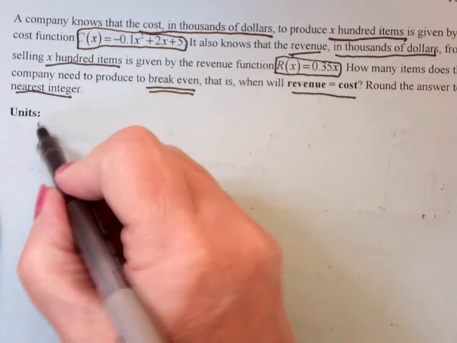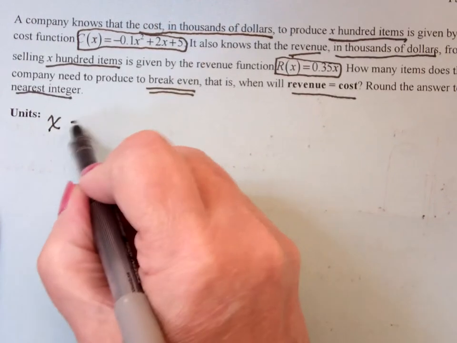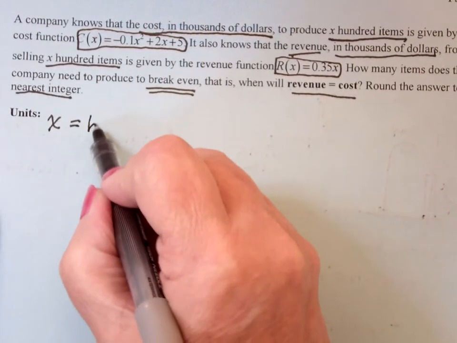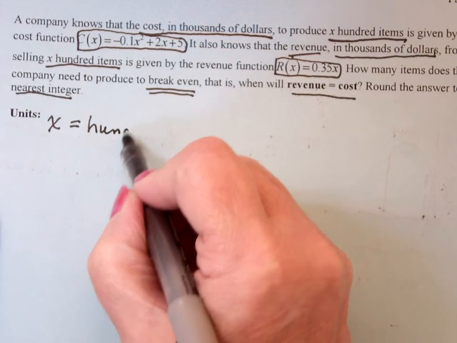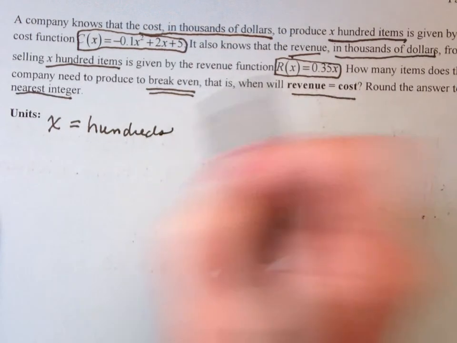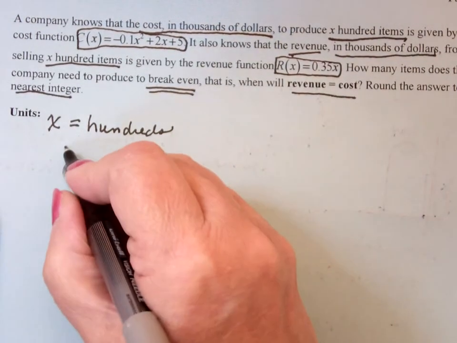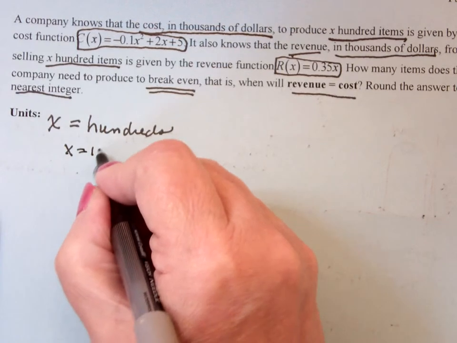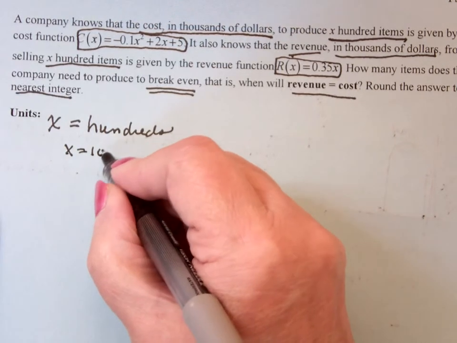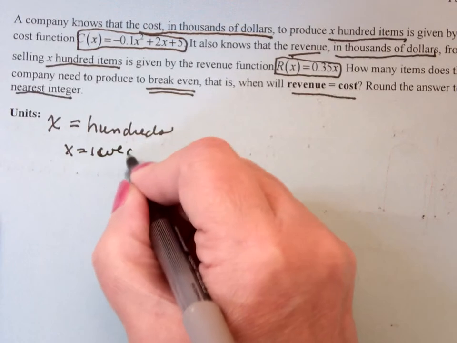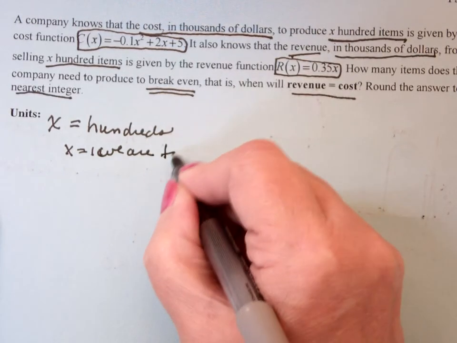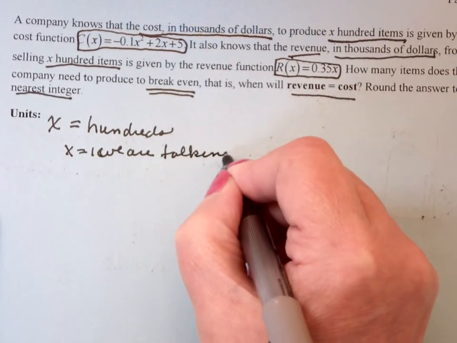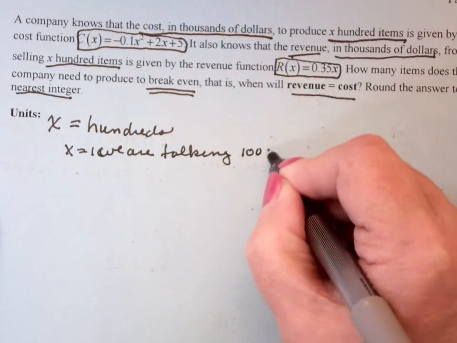So our units, we have X, and this is in hundreds of units. Now what does that mean? That means if X equals 1, we are talking about 100 units.